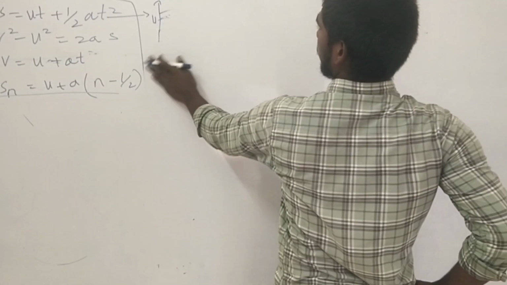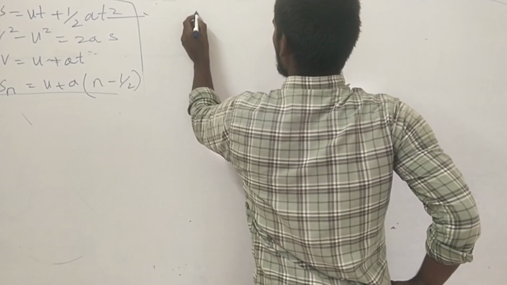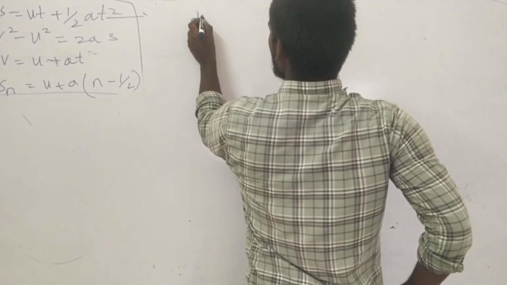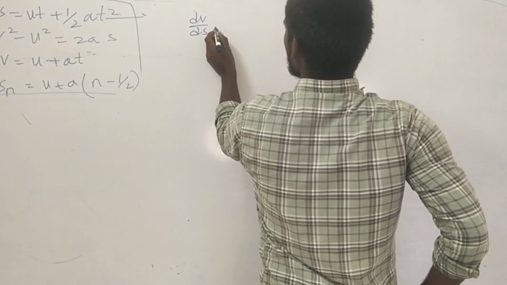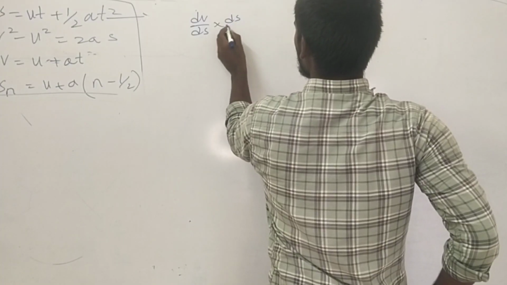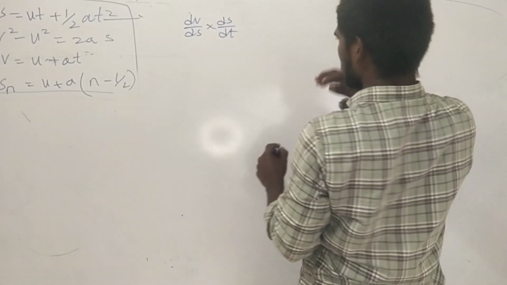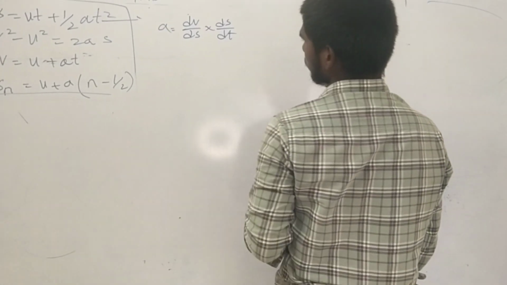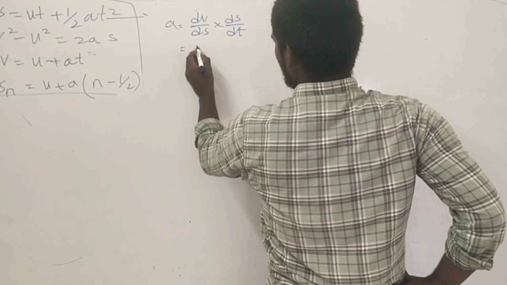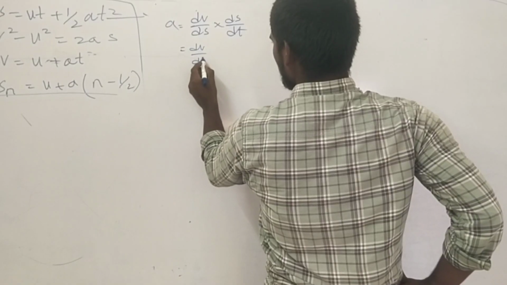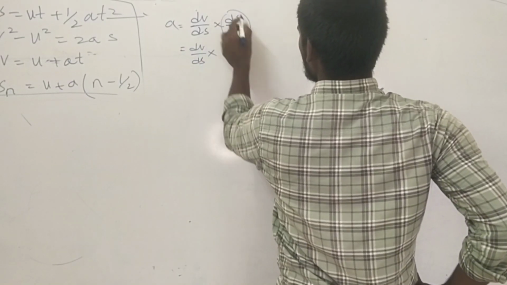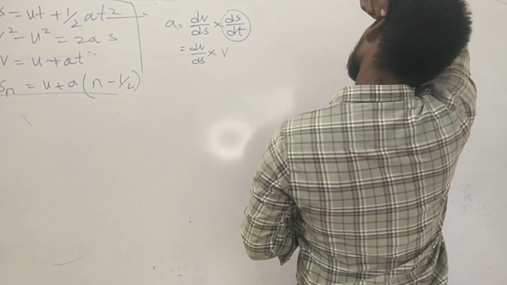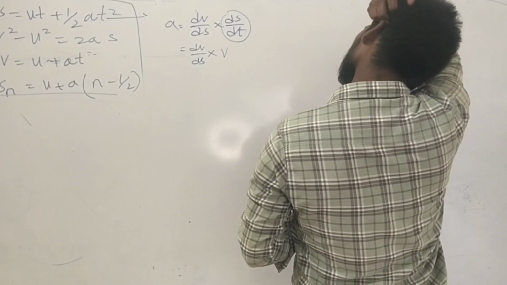Let's see, dv by ds into ds by dt. This is the acceleration. So dv by ds into this ds by dt term is known as velocity, right? So it is known as velocity.